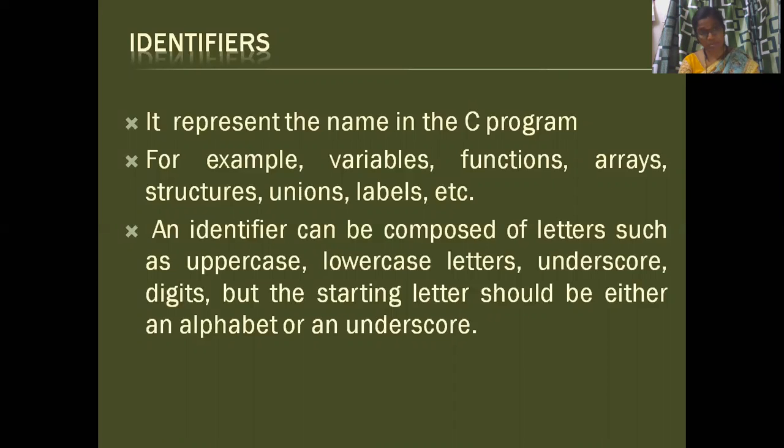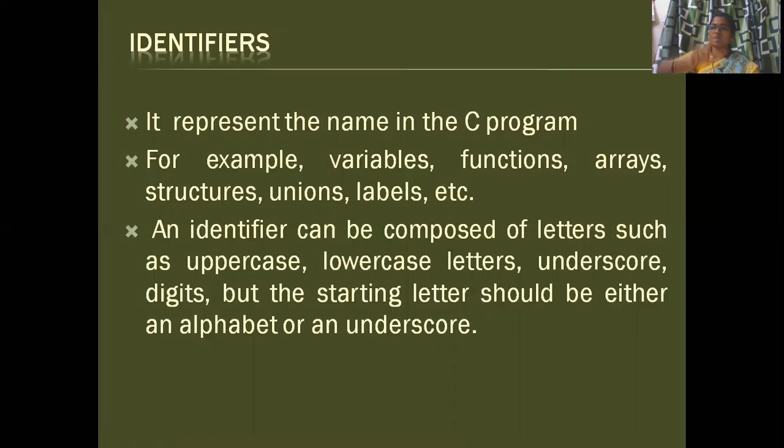So the names can be, for example, variables, functions, arrays, structures, unions, labels, etc. Just now we have seen a label. If a equals 9, I have written go to x. So x is a name, some place where you can go back.